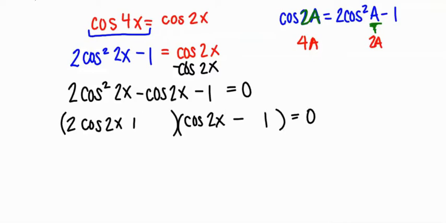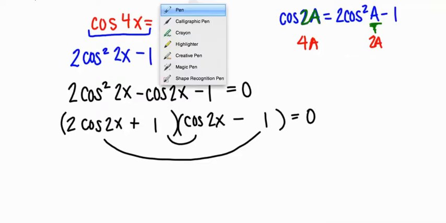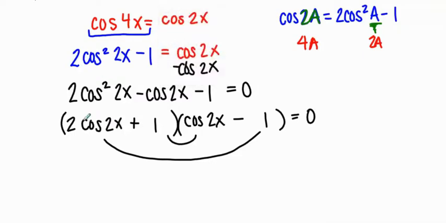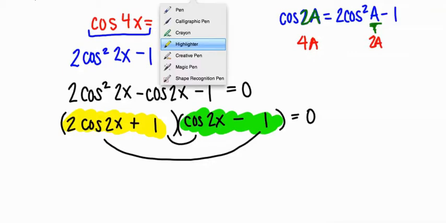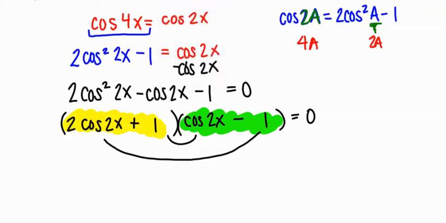So I'll have 2 cosine of 2x plus 1 times the cosine of 2x minus 1, so that the outer and the inner end up combining to get negative cosine of 2x. Now we're going to take each factor, 2 cosine of 2x plus 1, and the other is cosine of 2x minus 1, and we'll solve each of those.